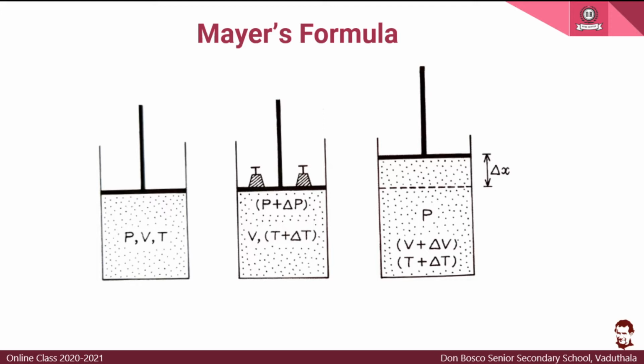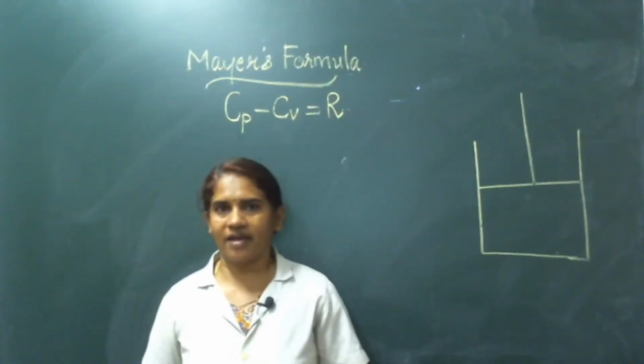The second diagram indicates expansion of the gas under constant volume. That is why some weights are kept on the piston. So volume will not be changing, pressure will be changing. And see the next one, it is allowed to expand. Therefore, pressure will be maintained the same, volume will be varying. So the second picture indicates constant volume, the third picture indicates constant pressure. Okay. Is the diagram clear?